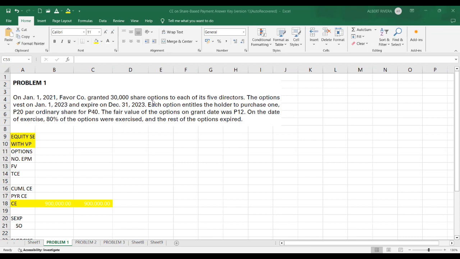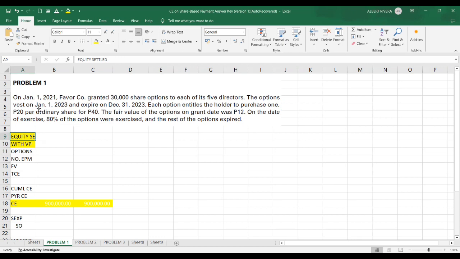Okay, so this is now an option to purchase granted to employees to purchase the share of the entity at an amount that is less than the fair value of the shares. Okay, so what we have here, equity settled payments.